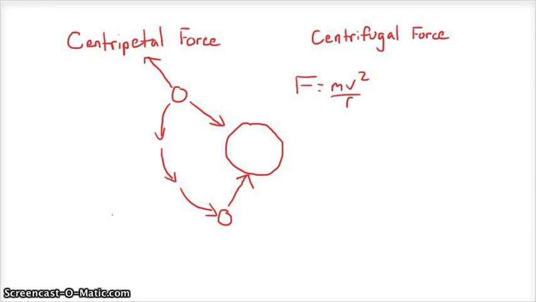The reason why centripetal force is considered a real force, whereas centrifugal force is not, is because there's a real force that is causing our centripetal force. In the example of the satellite orbiting the Earth, the real force causing the satellite to orbit the Earth is a gravitational force, which in this case is G m1 m2 over r squared.